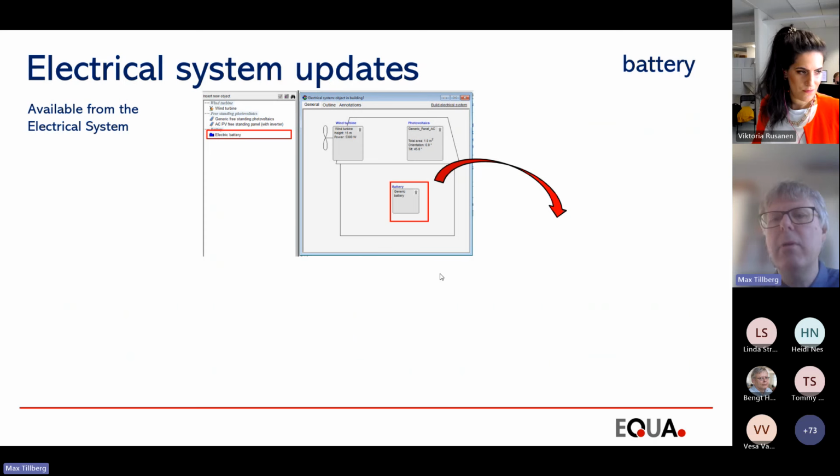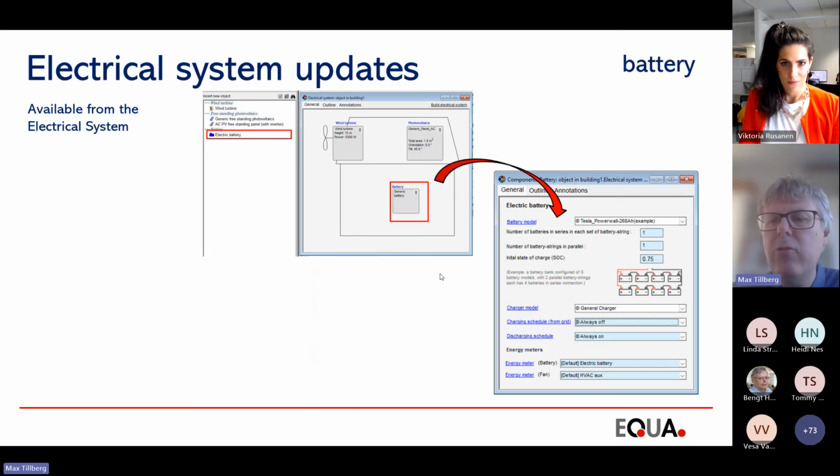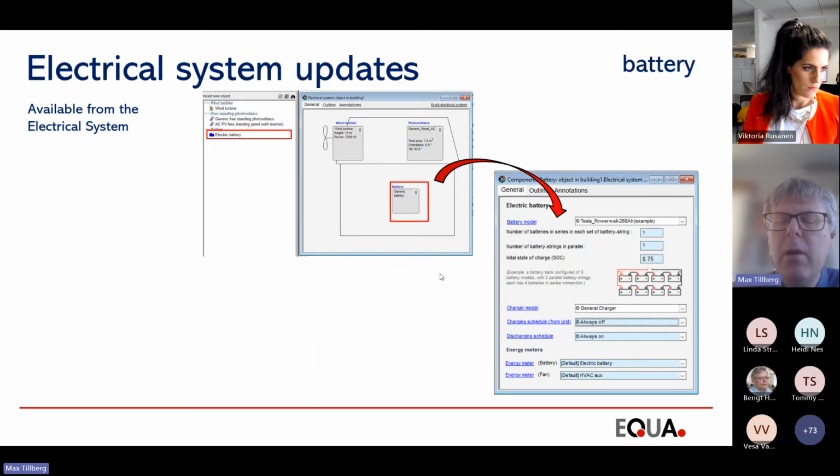Here it is. So we have a few alternatives in the database. We have a few Tesla batteries, for example, and we have the possibility here to have the batteries connected in parallel, or we can have them in series.